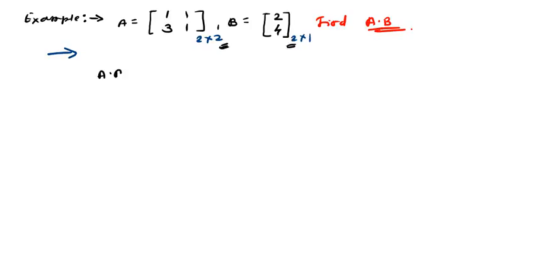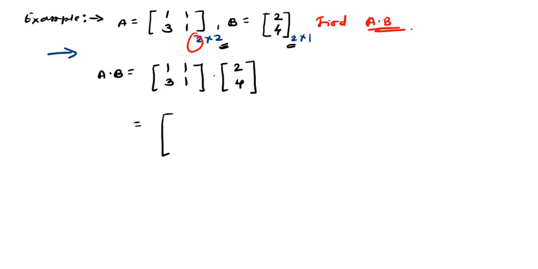So A into B is equal to 1, 3, 1, 1 into 2, 4. We need to multiply those matrices, and the matrix we get will be of order 2 by 1, which means it will contain 2 rows and only 1 column.